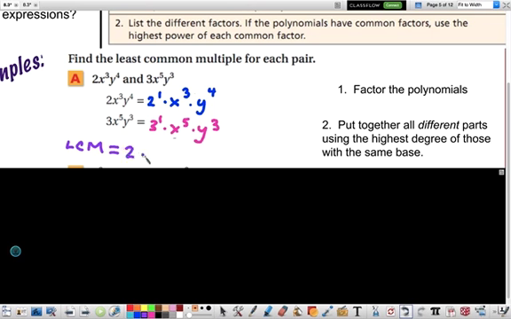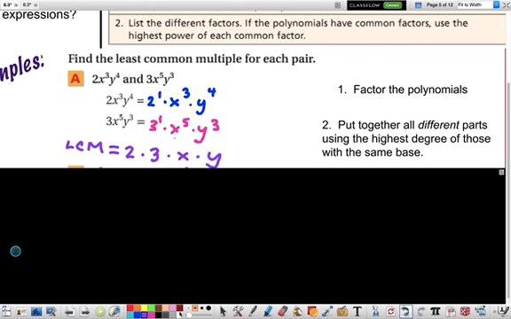So what are all the different ones? You can already see them. 2 times 3 times. There's 2 other different ones. What are the only 2 different things? Leftovers. x times y. All right, would you agree that those are all the different terms? Yes?